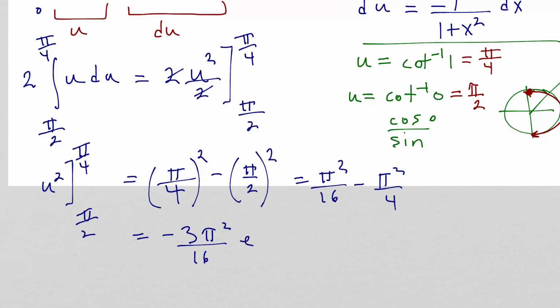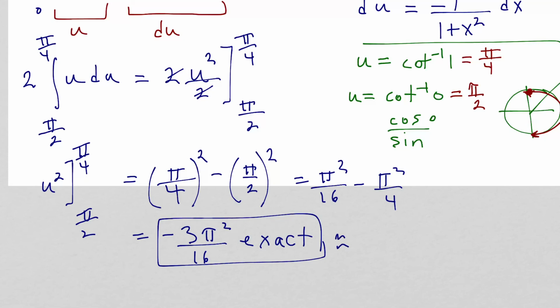So this is my exact answer in terms of pi. So my decimal equivalent, if I plug those into the calculator, I get this decimal approximation. This is an approximate result. And then we're done.